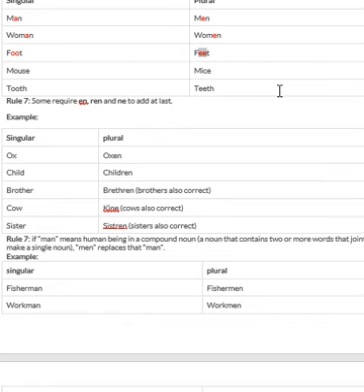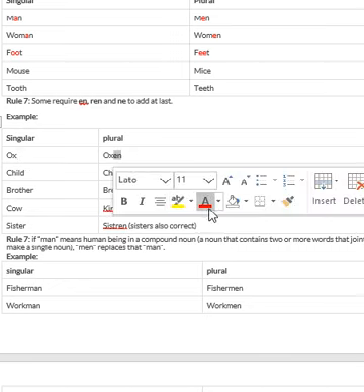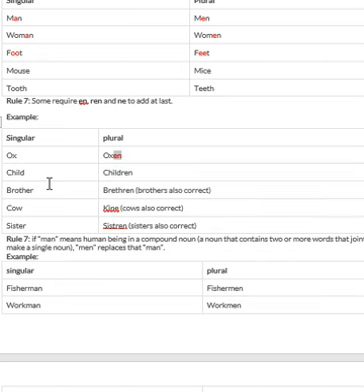In some words, we put en or ren to make it plural. Ox becomes oxen. In ox, you cannot put es or s to make it plural. You will have to add en to make it plural. In case of child, it is children.